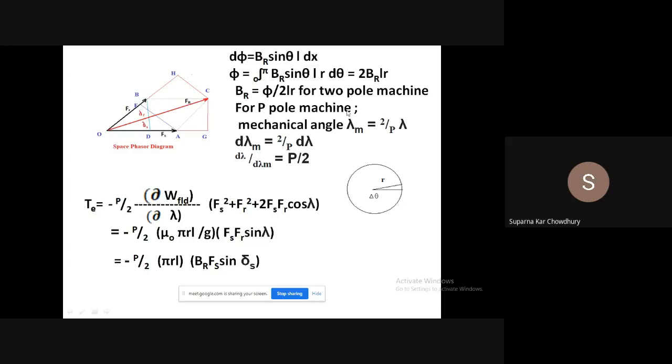Now for a p-pole machine, mechanical angle lambda m is 2 by p lambda. We have derived mechanical and electrical angle earlier. So d lambda m is equal to 2 by p d lambda, so d lambda m is equal to p by 2.